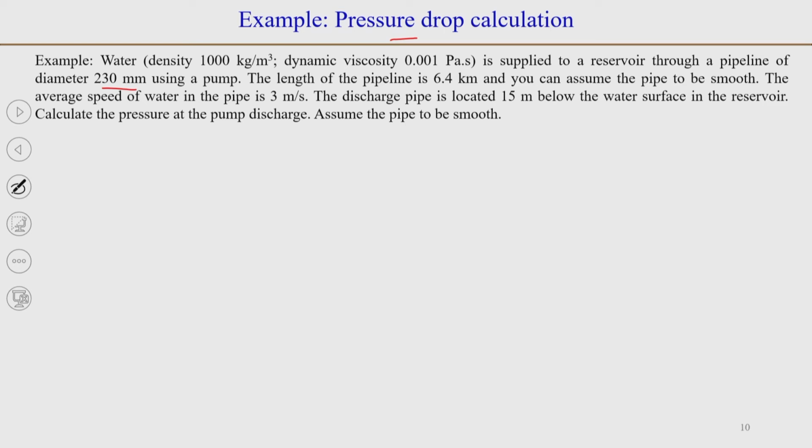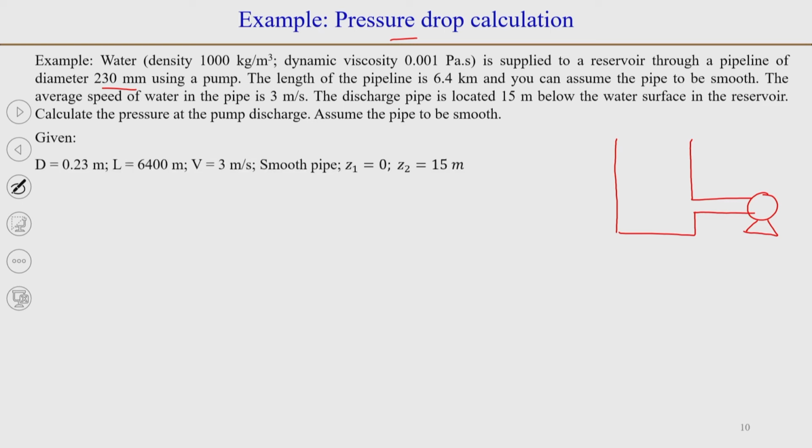So, if we draw the schematic of the problem, let us say this is a reservoir, and to this reservoir the water is being supplied through a pump, and we have been given the diameter, and the discharge pipe is located 15 meter below the surface. So, you can say that this distance is 15 meter.